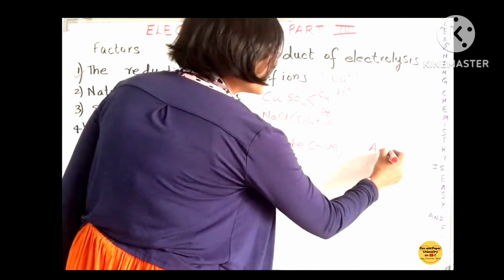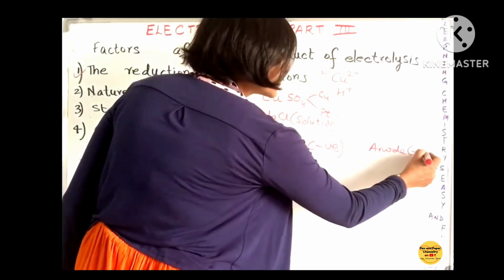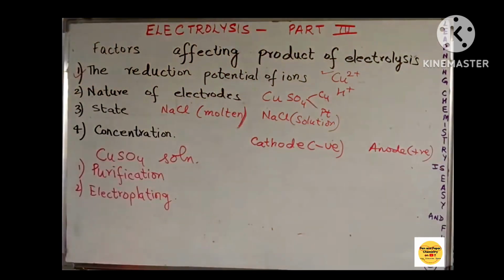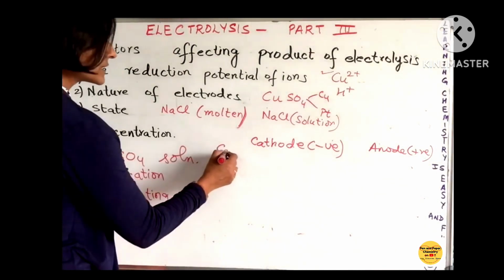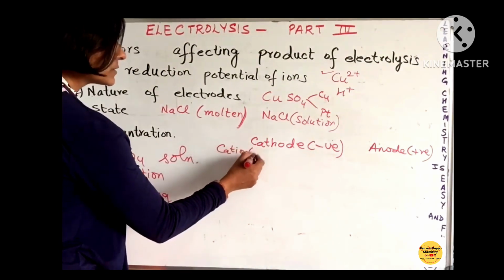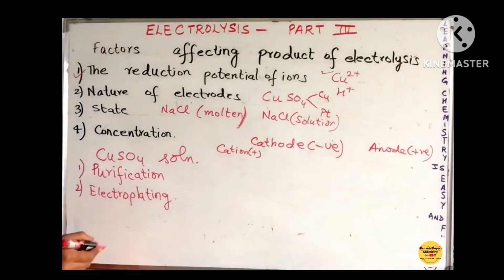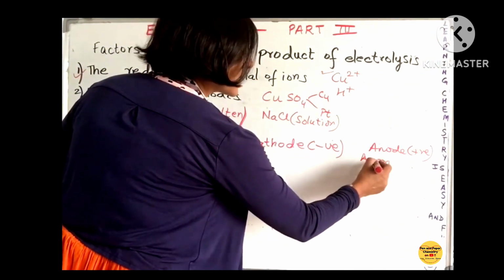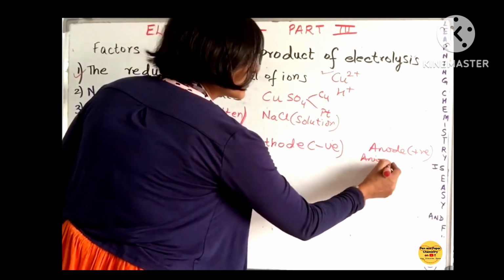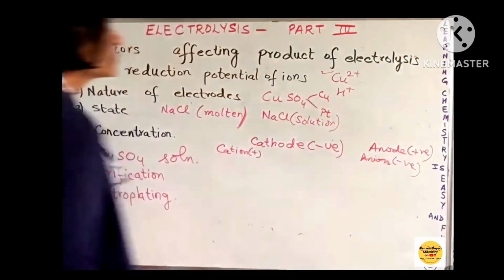Your anode is the one which is connected to the positive terminal of the battery, right? Whereas your cation is the ion with a positive charge on it, and an anion on the other hand has a negative charge on it, and all this we are talking about vis-a-vis an electrolytic cell.